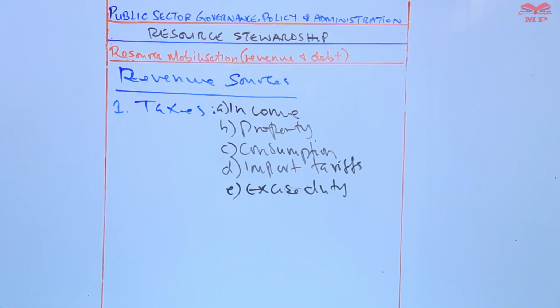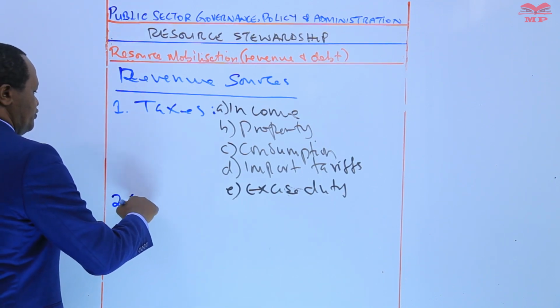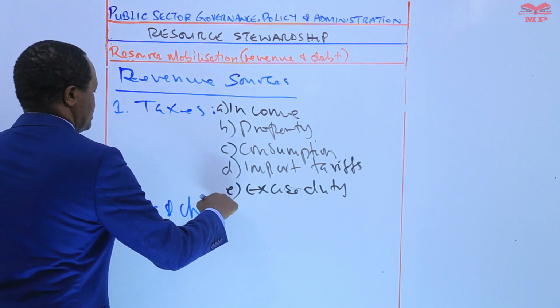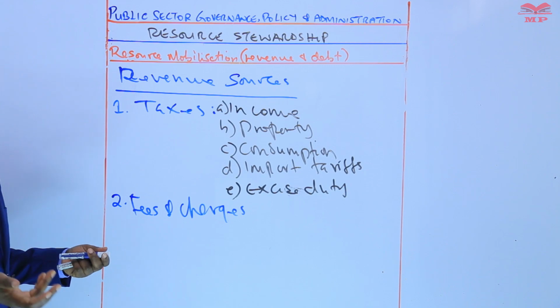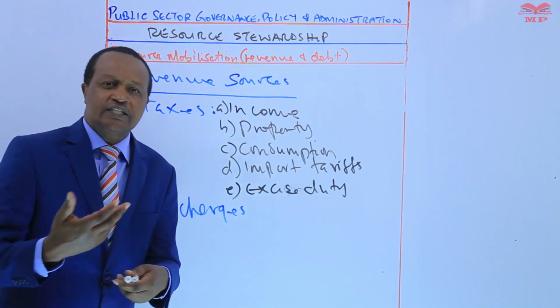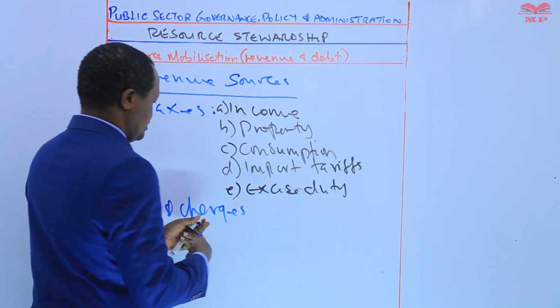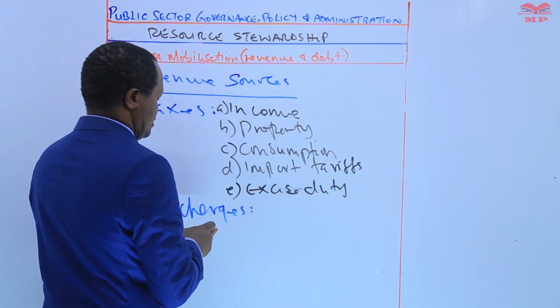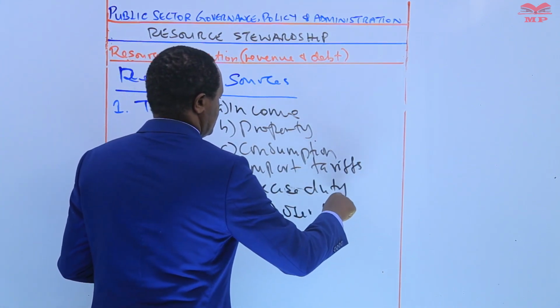Another source of revenue for government is fees and charges. Two, fees and charges. Governments may charge fees for specific services that they provide, such as user fees.